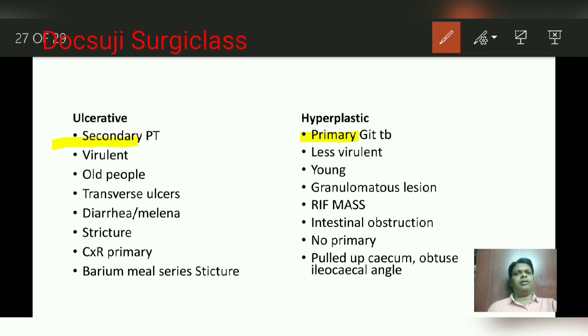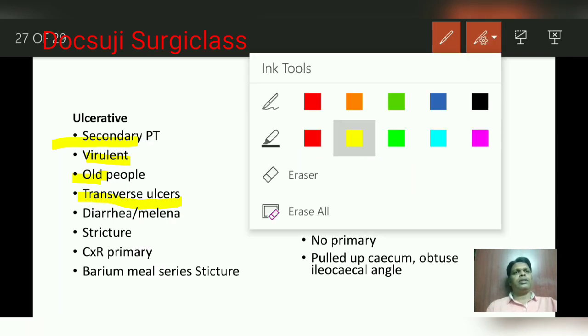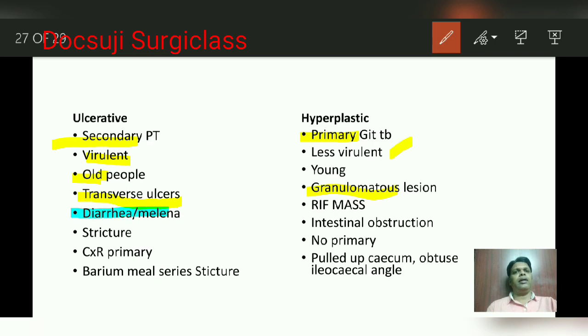The organism is virulent in ulcerative, less virulent here. Old people are involved in ulcerative, young people in hyperplastic. The ulcers are transverse in ulcerative, whereas here it is a granulomatous lesion. Clinically you see diarrhea and melena in ulcerative, and a right iliac fossa mass here. The pathology presents as stricture in ulcerative, and as intestinal obstruction in hyperplastic.